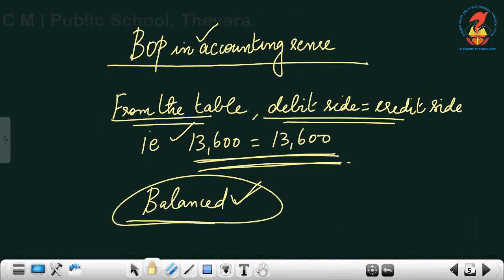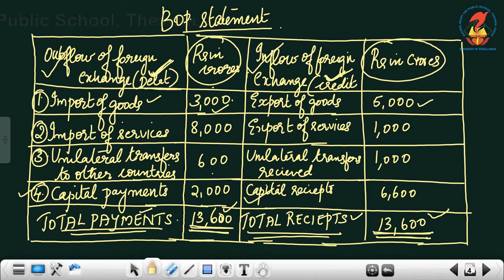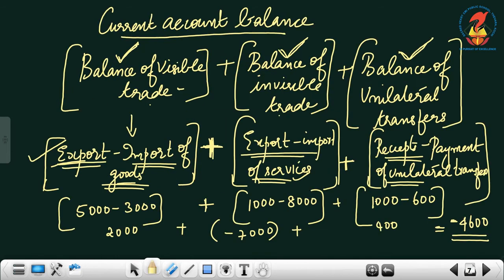Similarly, export minus import of services. Let us find out the value from the table. What is export of services? 1,000 crores. What is import of services? 8,000 crores. So, 1,000 crores minus 8,000 crores will give you minus 7,000 crores. What is the next one? Receipt minus payment of unilateral transfers.